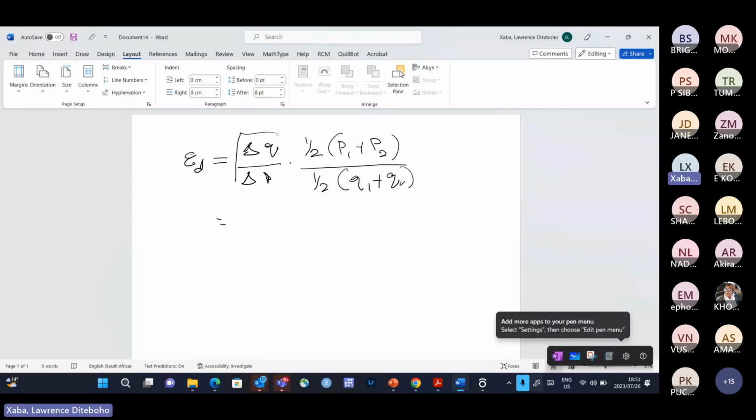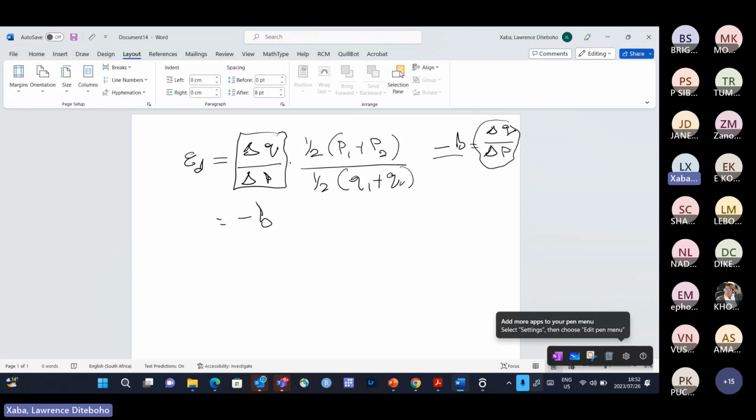If you remember, we said this is our slope, where our slope is negative b equals the change in Q divided by the change in P. So when we see this, we can just substitute it by negative b, which is our slope.